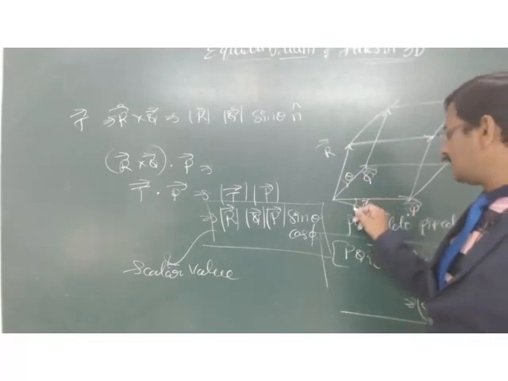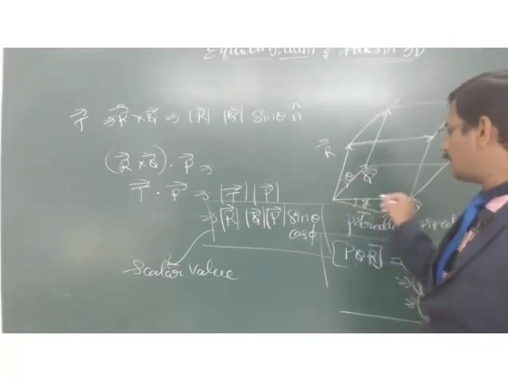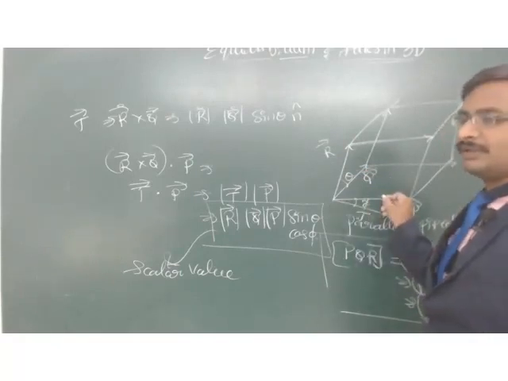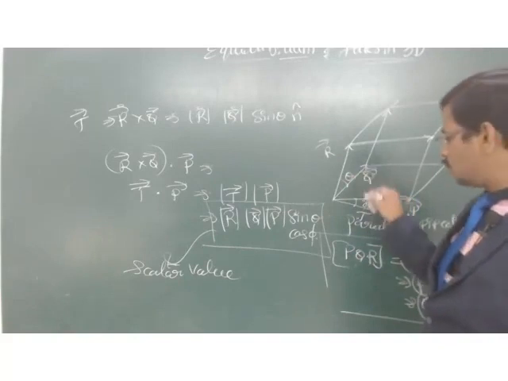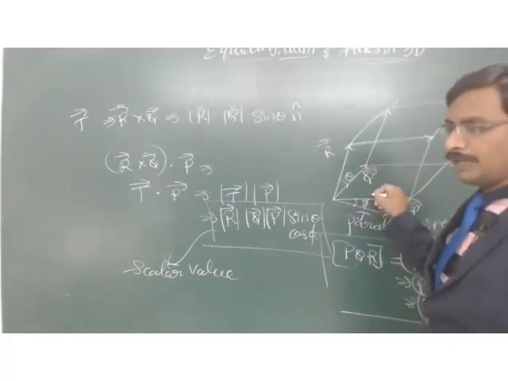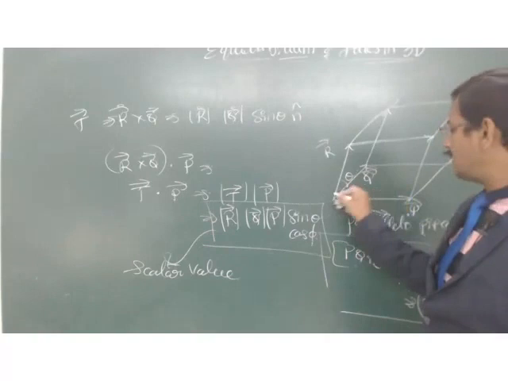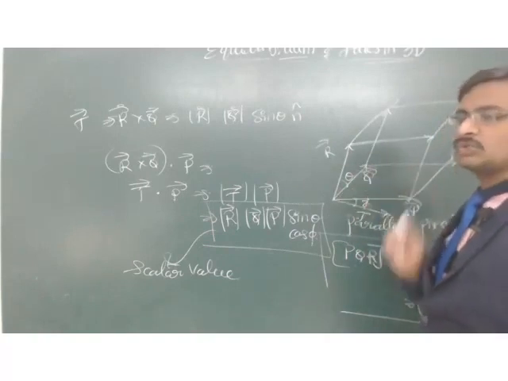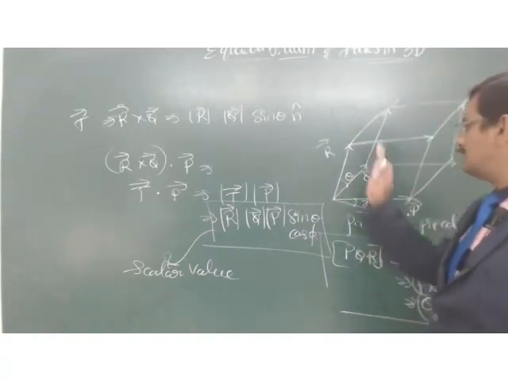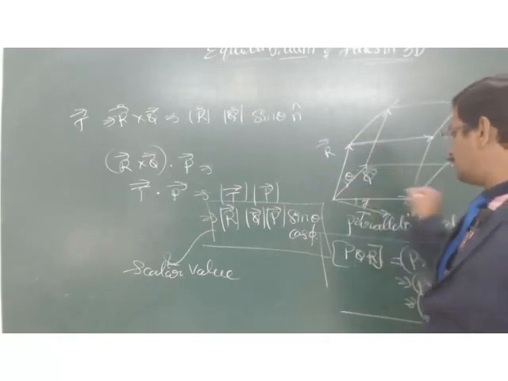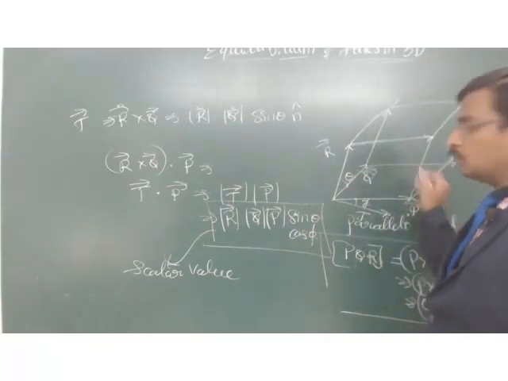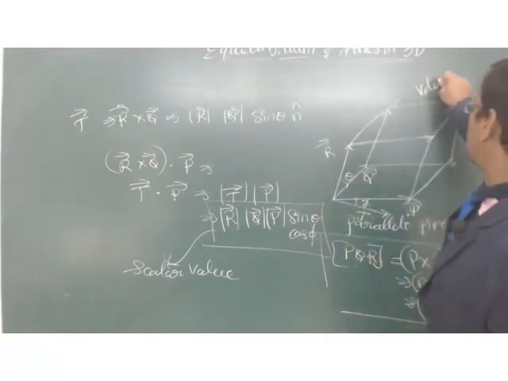You have taken a component of the third vector along this particular direction, and then multiplied with the magnitudes, which essentially means that this area gets multiplied with this height, which is the volume of this parallelepiped.